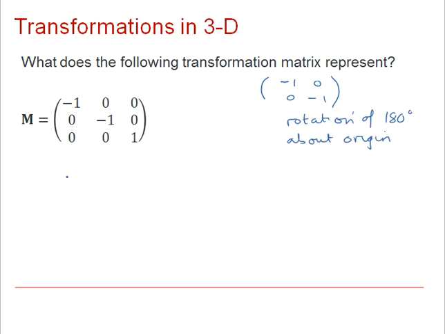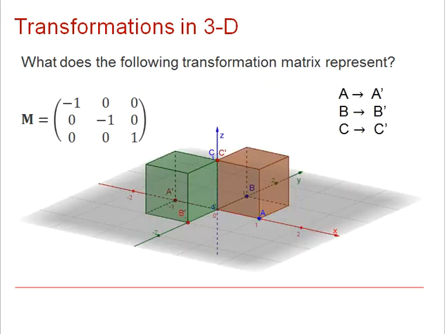Hence, let us just see whether M in 3 dimensions represents a rotation about an axis rather than about an origin. If we look geometrically at the unit square and then see what -1, 0, 0, 0, -1, 0, 0, 0, 1 looks like.